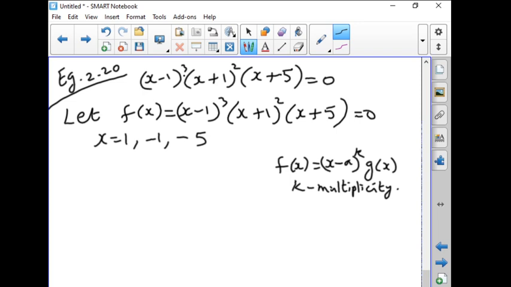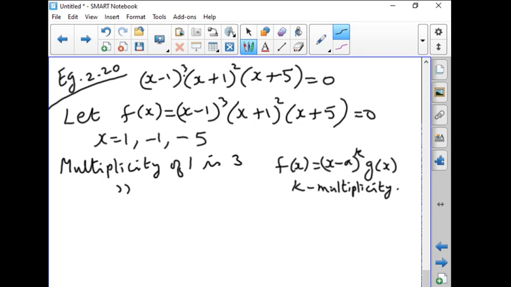Okay, k is called the multiplicity of the root a. So here 1 is a root, minus 1 is a root and minus 5 is a root. So what is the multiplicity of 1? The multiplicity of 1 is 3, because the power is 3.